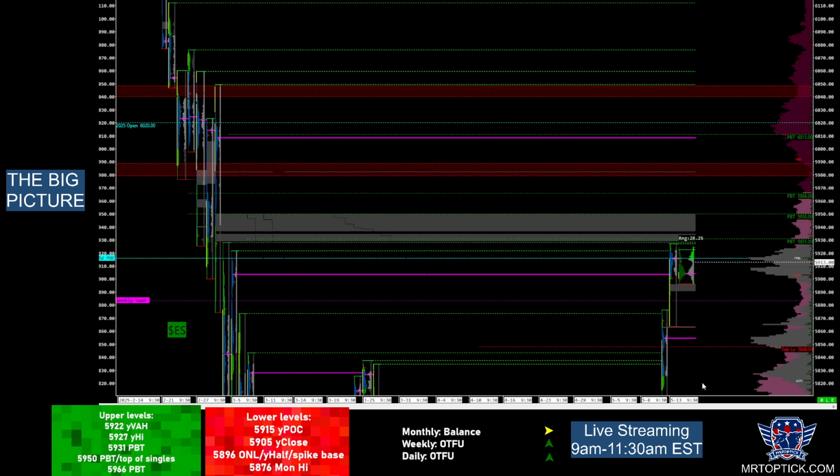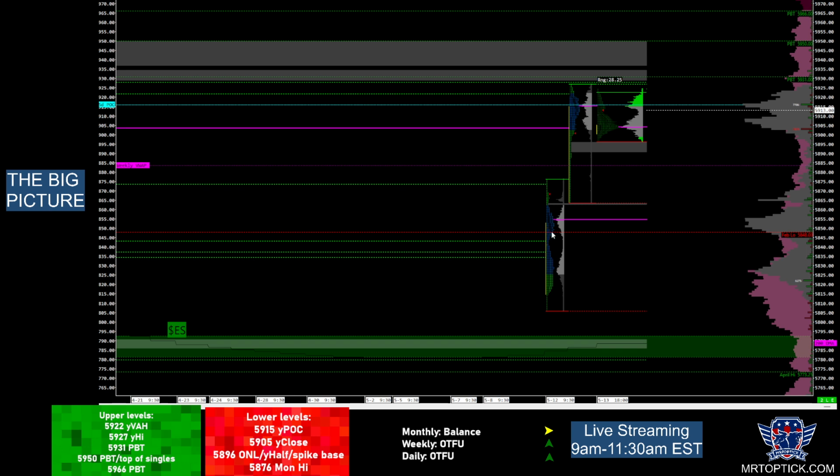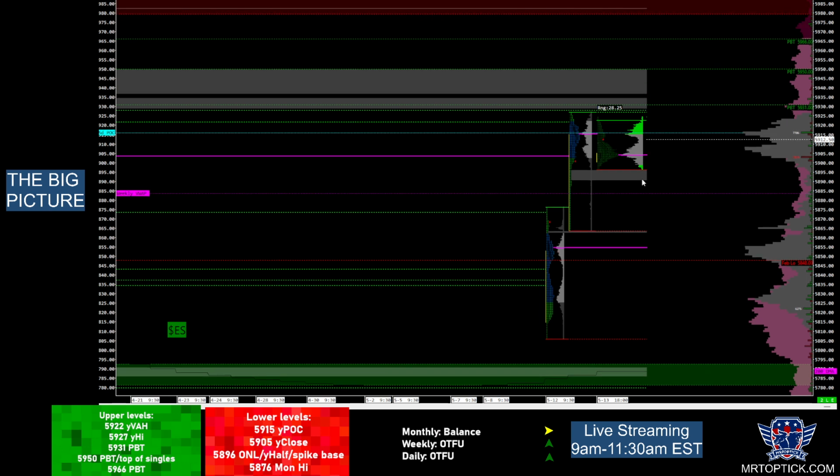And yesterday we had a day like I had said, that this whole area was pretty low resistance, and my target was this area. 59.31 was the upper level that I posted yesterday, and we almost got there.